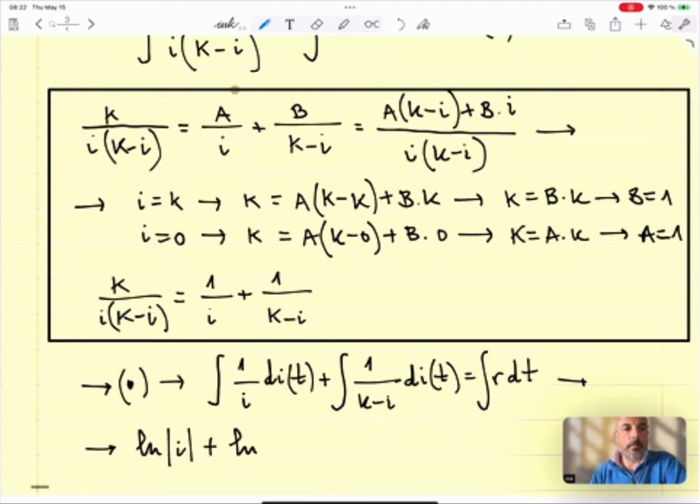This is a minus because the I comes with a minus sign, and it equals rt plus a constant.